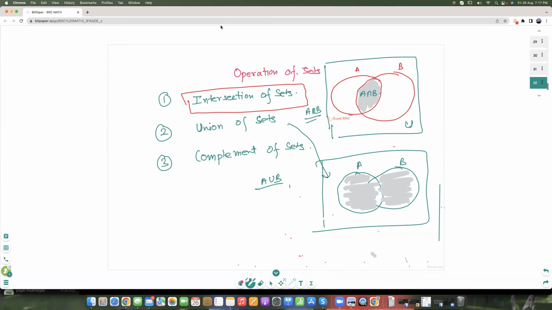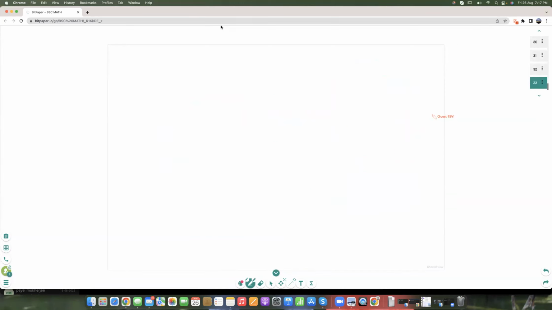Now, the most important out of these three is the complement of a set. So what is a complement of a set? When you have the universal set, suppose you are given the universal set U as 1, 2, 3, 4, 5, 6, 7, 8, 9, 10, 11, and 12.